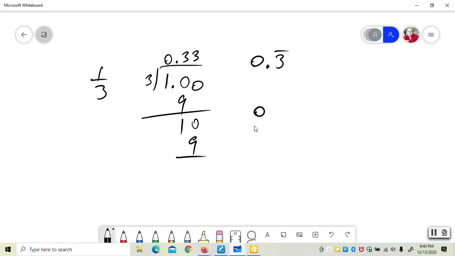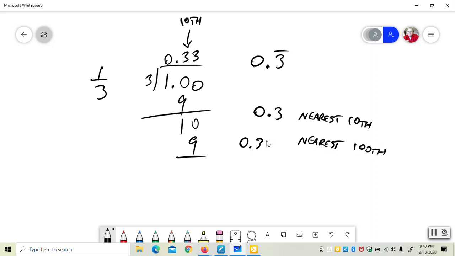Or they might tell you to round it. This is the tenths place. So if you rounded it to the nearest tenth, you would just say 0.3 and have done with it. Nearest tenth. Now, if you did nearest hundredth, you'd have tenths and hundredths.